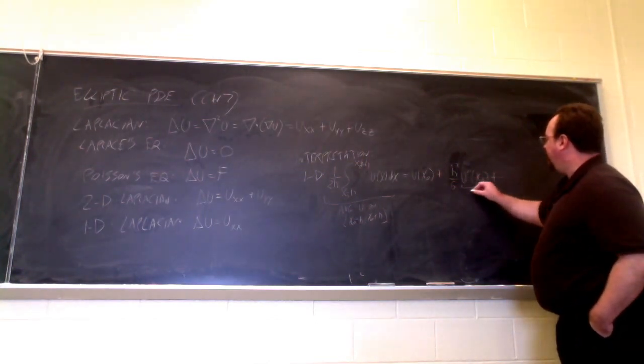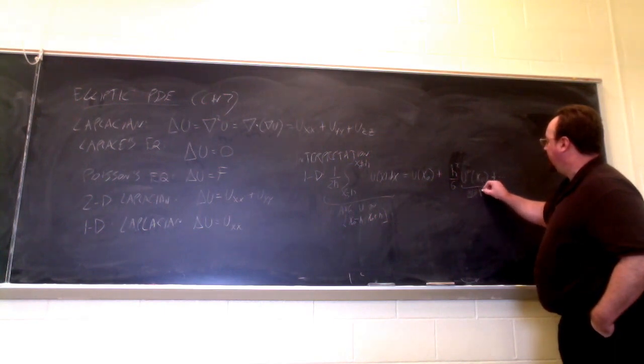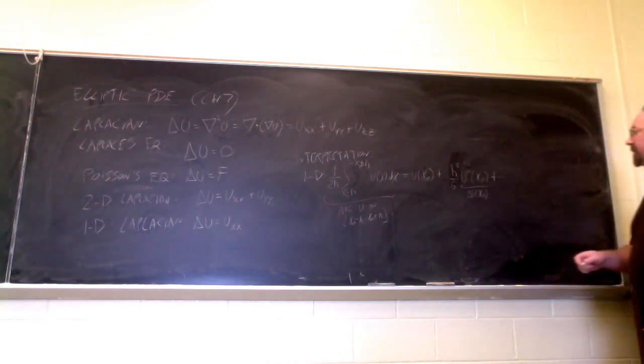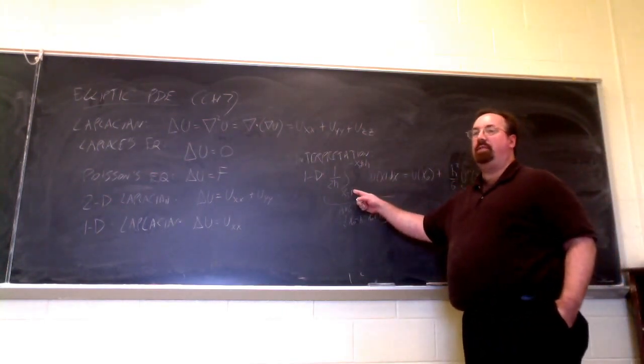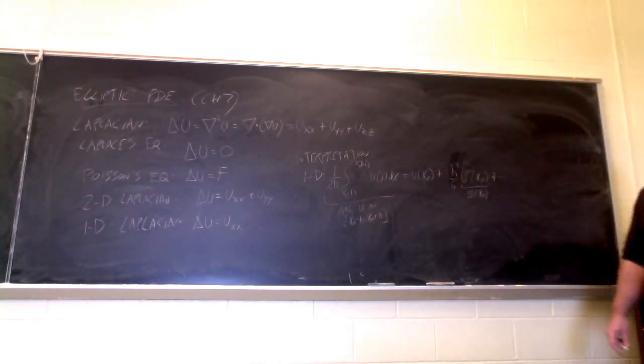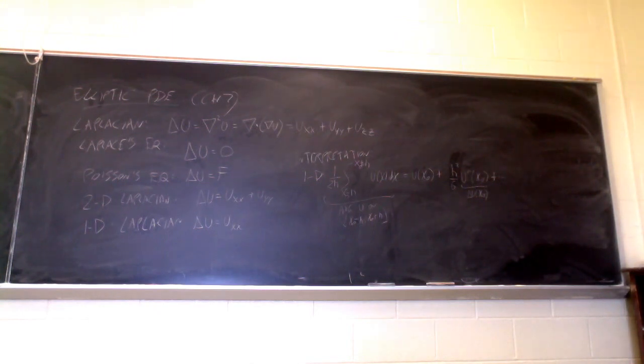But this is the Laplacian of u at x naught. Remember the first derivative term? Because we're integrating on a symmetric interval, all those cancel out, and it just goes to 0. Details are in the notes.